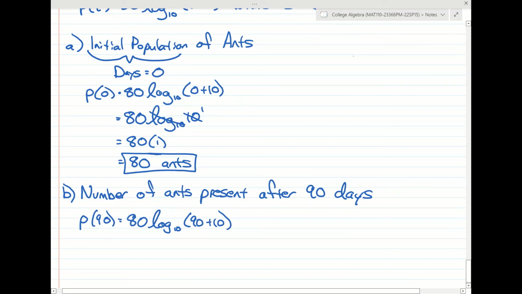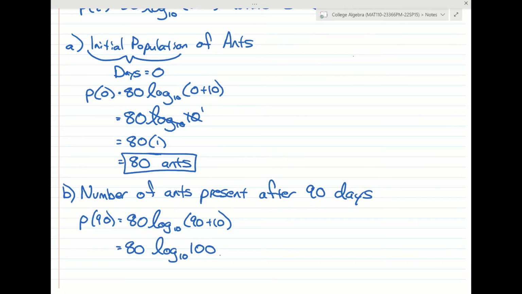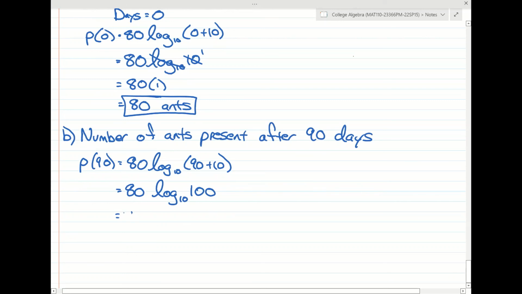And we still don't need a calculator. 90 plus 10, of course, is 100. How can we do that without a calculator? Log base 10 of 100. We want to try to make the bases the same, right? So 100 is the same thing as 10 squared, right? So this would just be 80 times the log base 10 of 10 to the second power. Or 80 times 2, which is 160 ants.